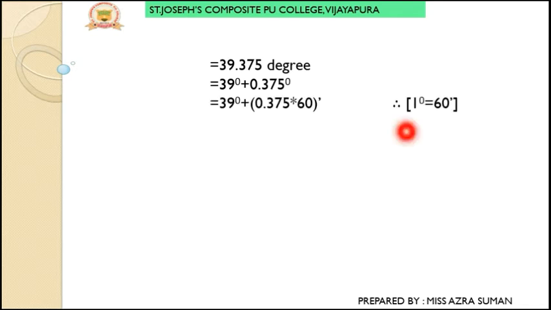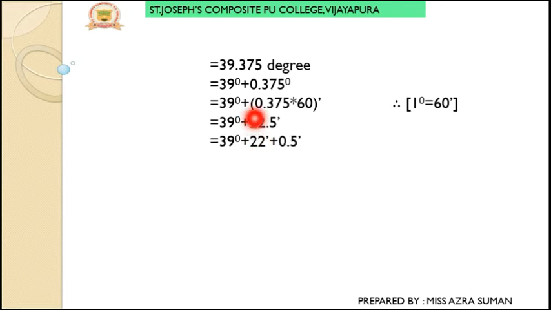And we know that 1 degree is equal to 60 minutes. Then 0.75 degree is equal to 0.75 into 60 minutes. So this can be written as 39 degree plus 0.75 into 60 minutes. You will get 39 degree plus 22.5 minutes.